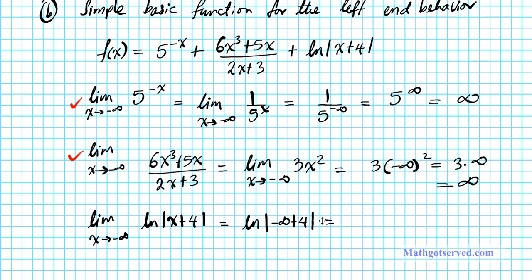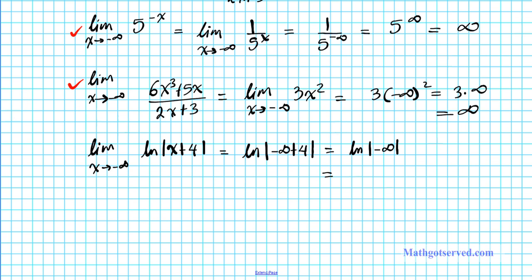Negative infinity swallows 4 up rapidly, so we have the natural logarithm of the absolute value of negative infinity. The absolute value does its job on the sign here. So this is just simply the natural logarithm of infinity, which is equal to infinity. So guess what? This is also a candidate for consideration.